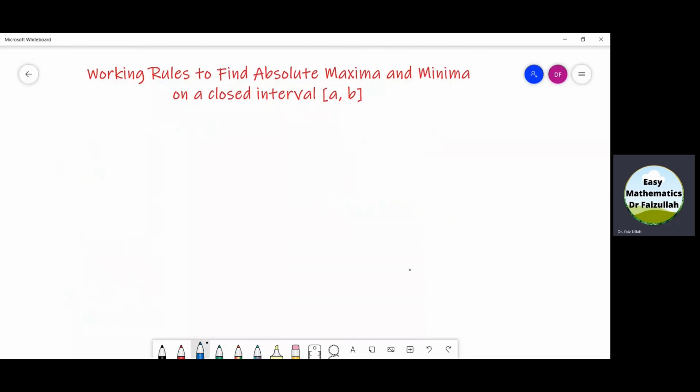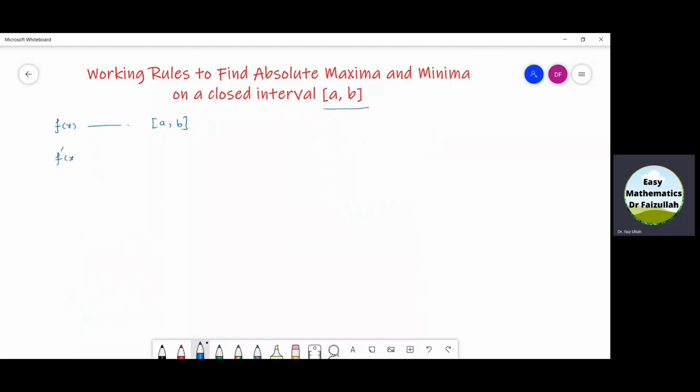Let us see the method to find the absolute maximum and the absolute minimum value of a function on a closed interval a comma b. If we are given a function f of x which is defined on some closed interval a comma b, the first task is to find its critical points.